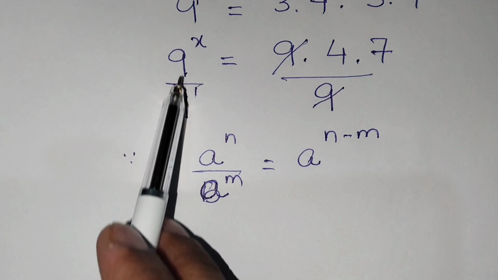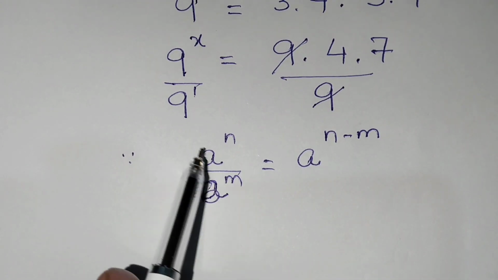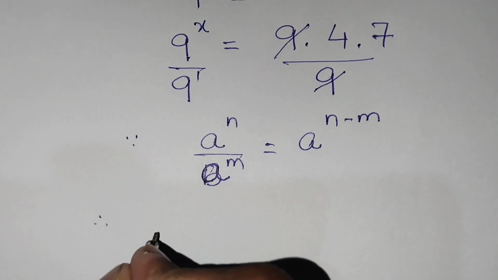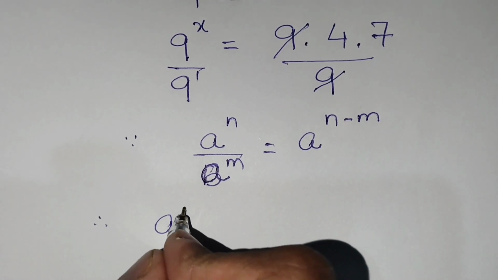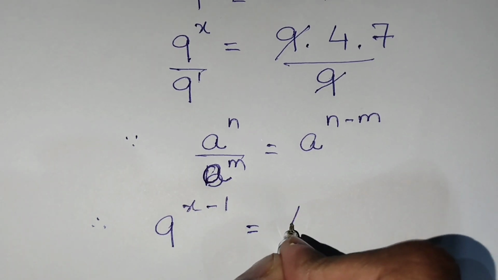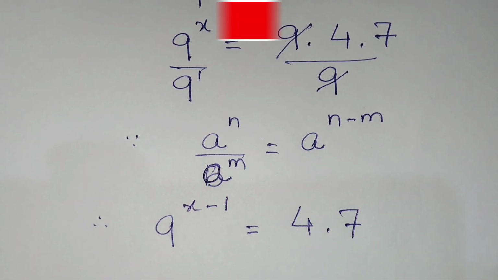Our a is 9, n is x and m is 1. So the equation becomes 9 power x minus 1 is equal to 4 into 7.